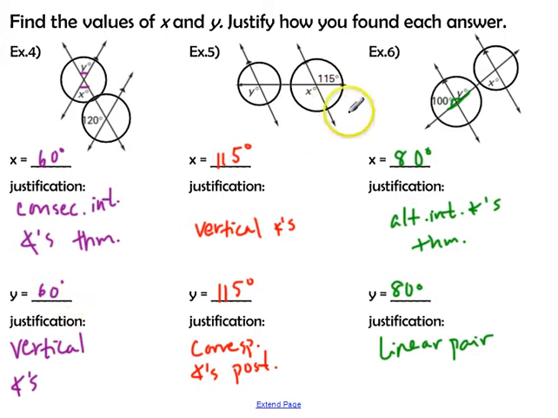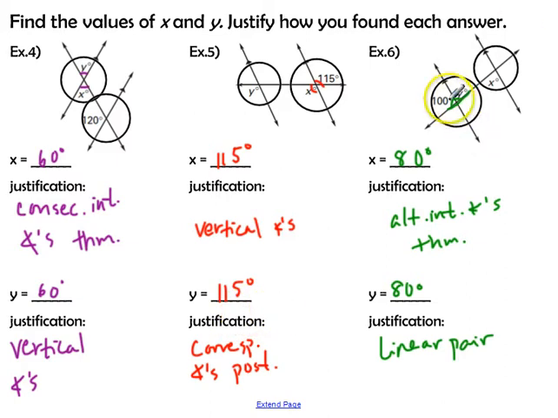In example 5, here we have 115 and x are vertical angles. So we use vertical angles theorem to say that x is 115. And then once we've said x is 115, it's in the bottom left and y is in the bottom left of the circle. So we can use the corresponding angles postulate to say that y is going to be equal to 115 degrees.